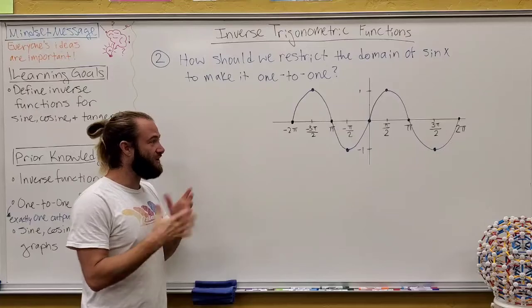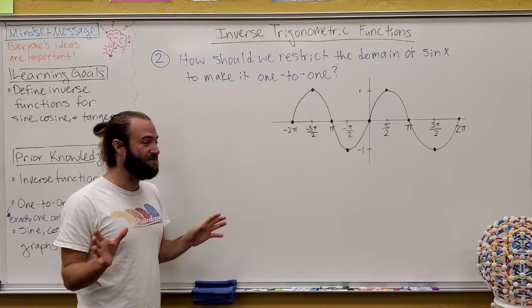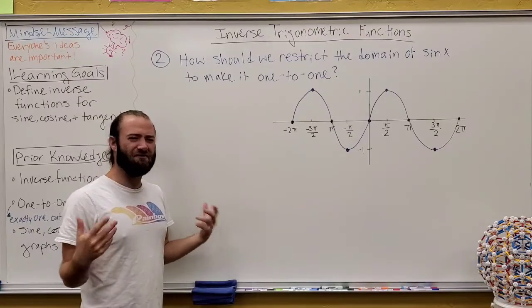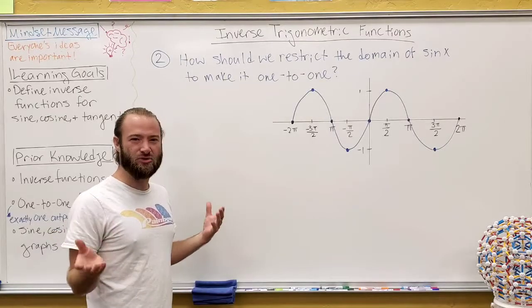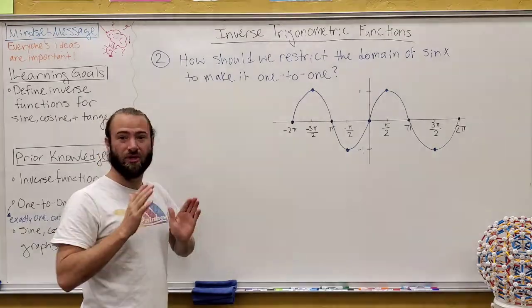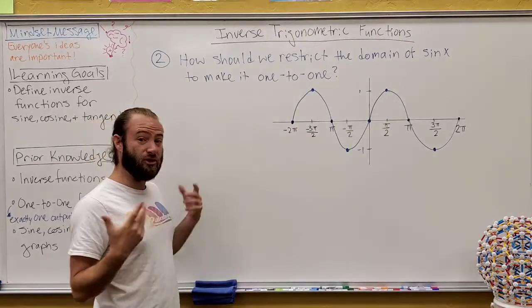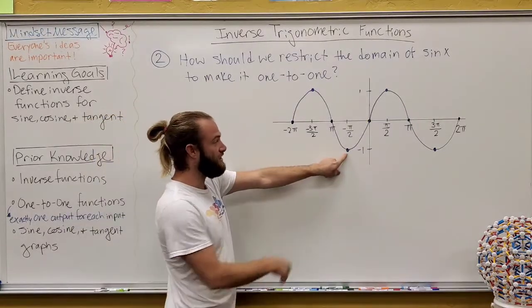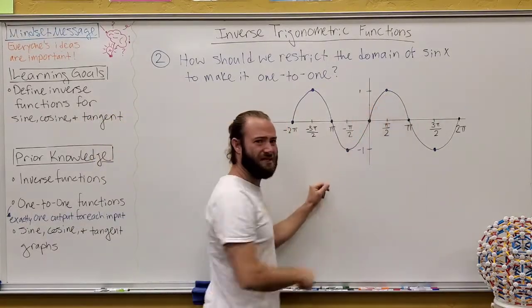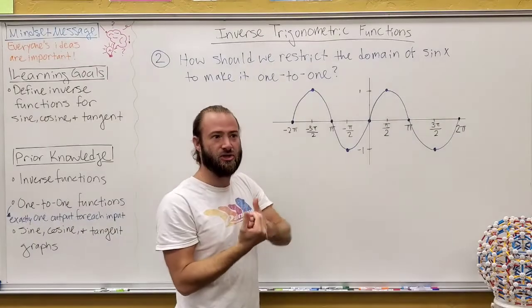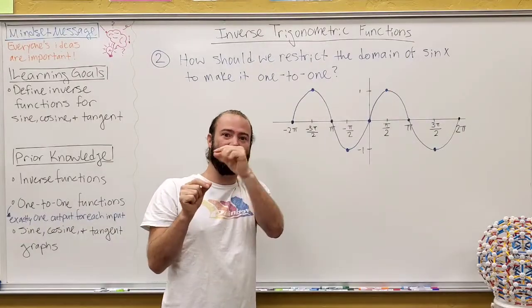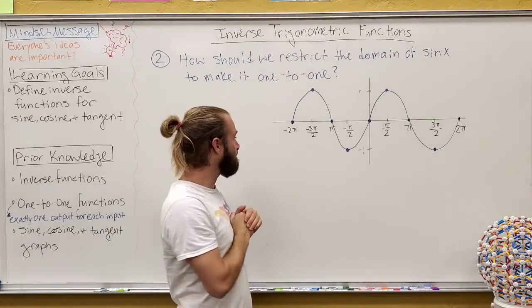So you may have been thinking various places. Now, because it has infinite turning points, there are an infinite number of ways we could technically choose to keep only a piece of this function. But the traditional way has been to keep from here to here. And it makes sense you'd cut off at one of those turning points, because the moment you turn back around a little bit, you're no longer one-to-one.